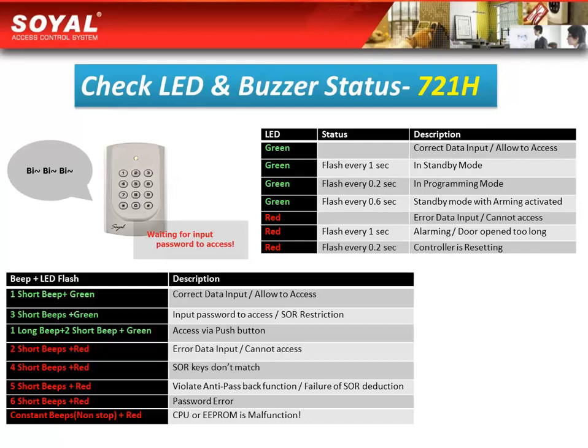But the status of the controller is in a different mode when the green light has different seconds of strobe flash. Here you can see the different meanings of the green light. The red light means cannot access or error data input condition. And the same, different seconds of strobe flash means the controller is in a different mode.